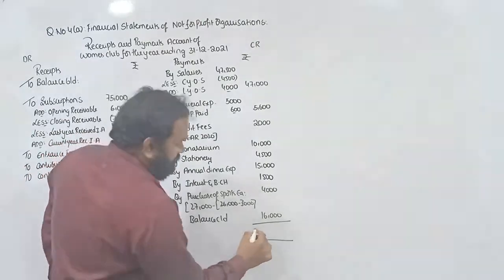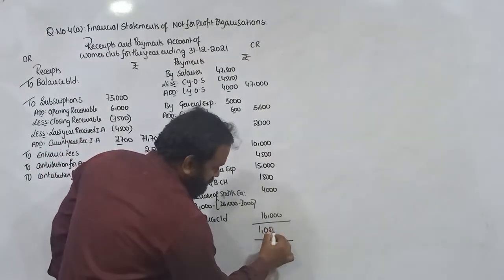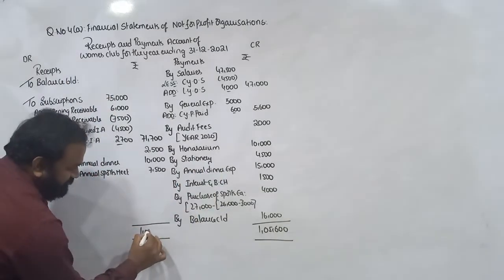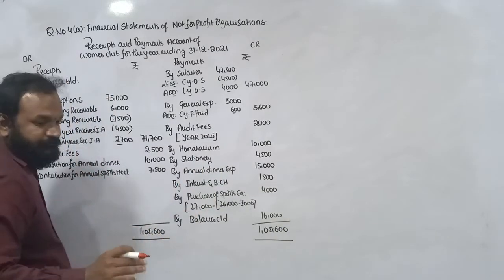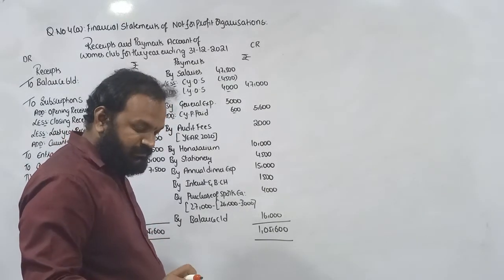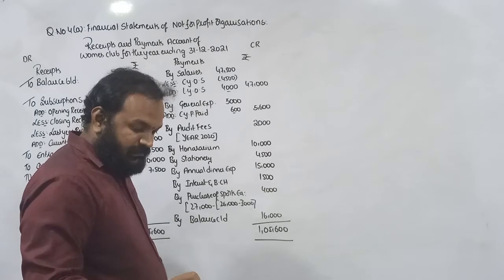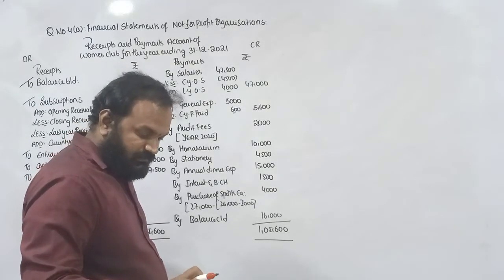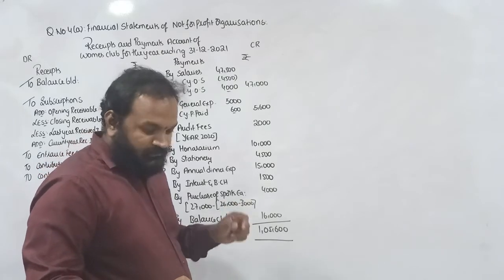Right, total 1,05,600. 5,600 minus 7,500, 10,000, 2,500, 71,700.